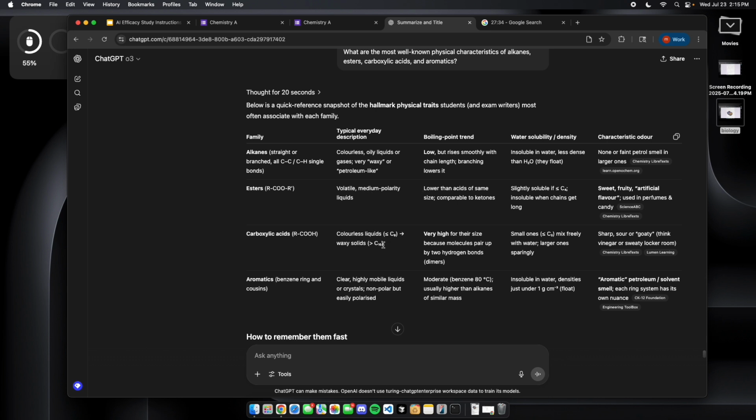Carboxylic acids: colorless liquids, waxy solids, boiling points very high for their size because molecules bond up. Small ones mix freely with water, large ones sparingly. Sharp, sour, or goaty, think vinegar or sweaty locker room. Okay. Aromatics: clear, highly mobile liquids or crystals, nonpolar, moderate boiling points, usually higher than alkynes. Insoluble in water, densities just under 1 gram per milliliter. They float. Okay.